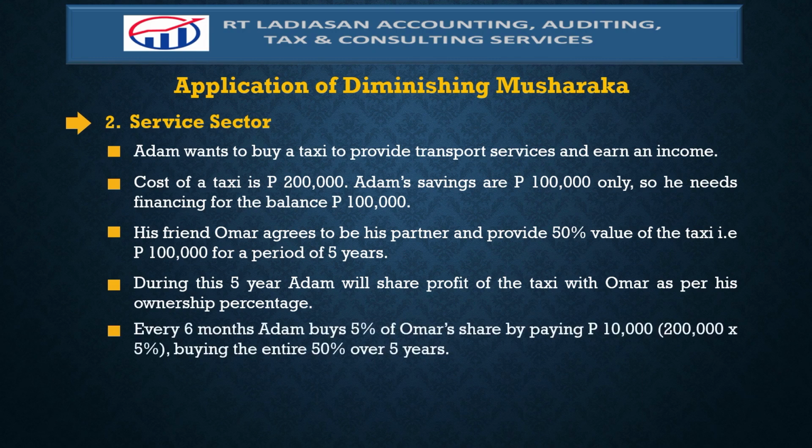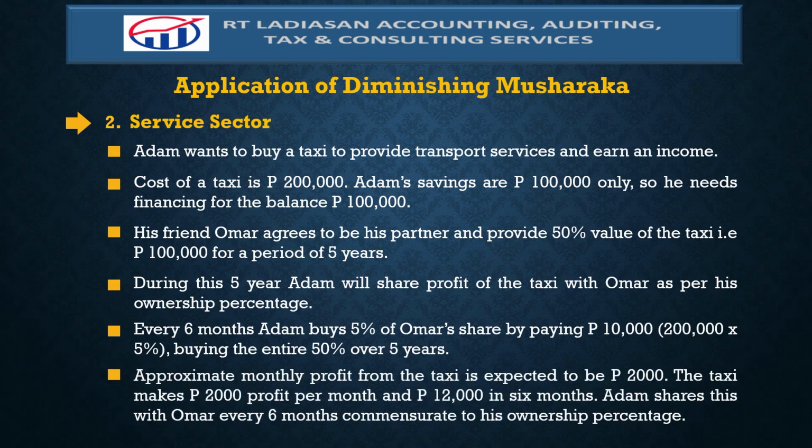Every 6 months, Adam buys 5% of Omar's share by paying 10,000 pesos. So 200,000 times 5%, buying the entire 50% over 5 years.